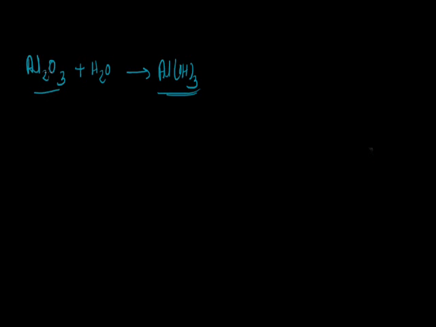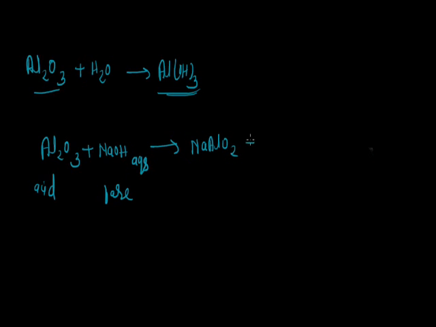Now what happens when this aluminium oxide reacts with aqueous sodium hydroxide? We know that sodium hydroxide is a base. In that case, this aluminium oxide acting as an acid forms a compound called sodium metaaluminate NaAlO2 plus hydrogen gas.